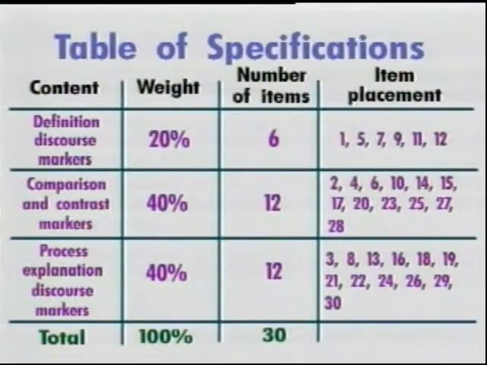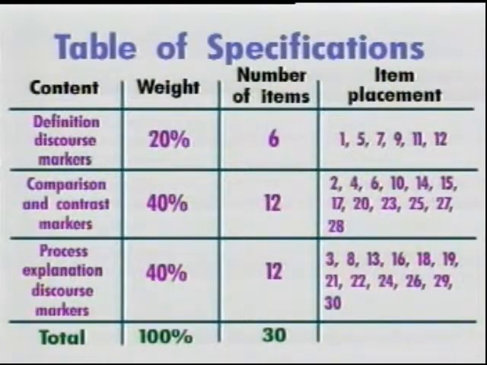As the table indicates, among the three discourse markers, the smallest weight is given to definition discourse markers with only 20%, while the latter two kinds equally have a weight of 40%. The weight determines the number of items which will be needed to test a particular item.